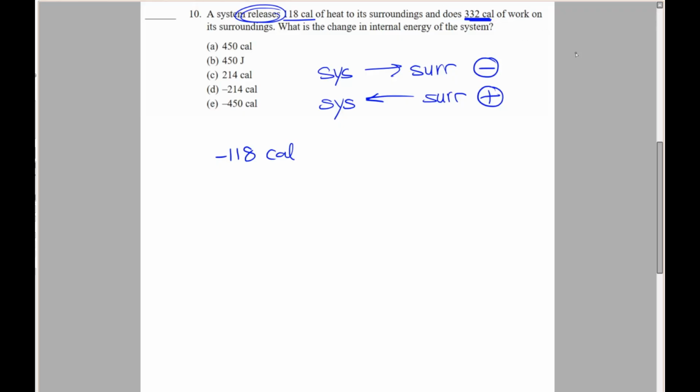The surroundings aren't doing work on the system, the system is doing work on the surroundings. So that matches with this, and that's also going to be negative. So it's going to be negative 118 calories plus negative 332 calories, so it's just going to be negative. If you add these together, you'll get negative 450 calories. So our answer is E.